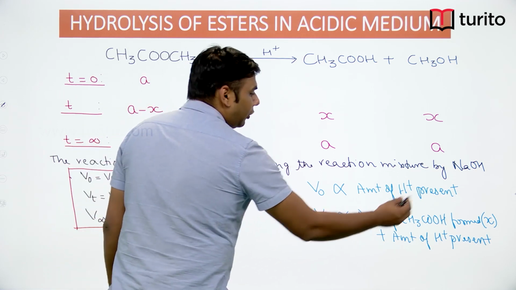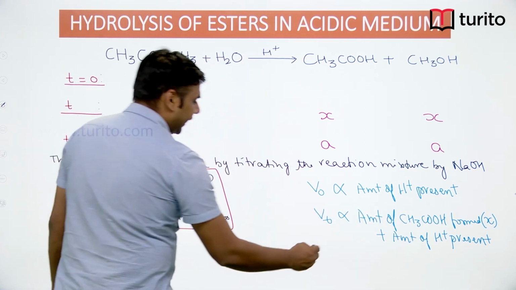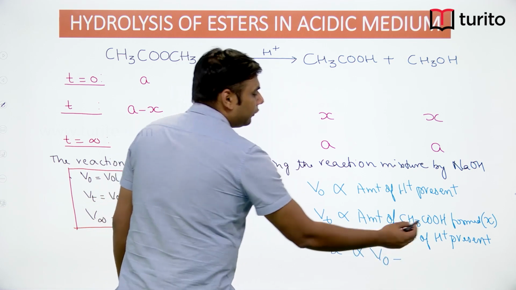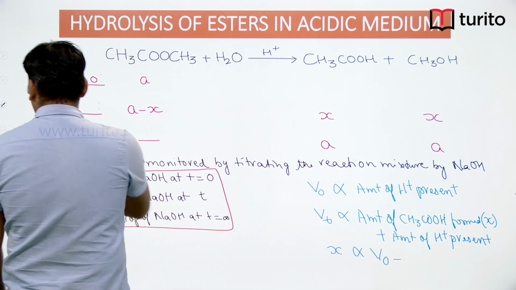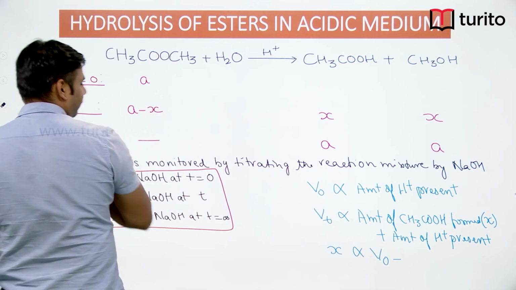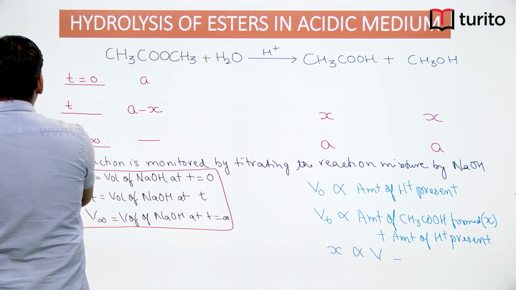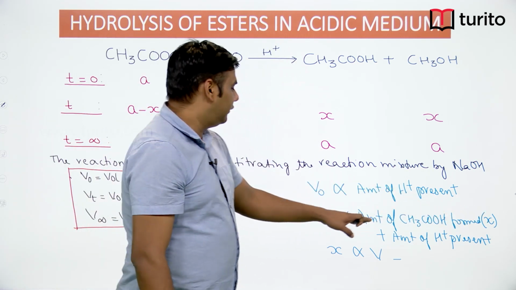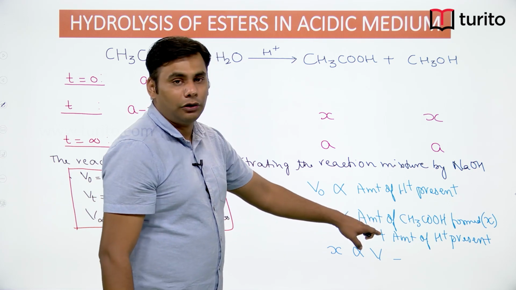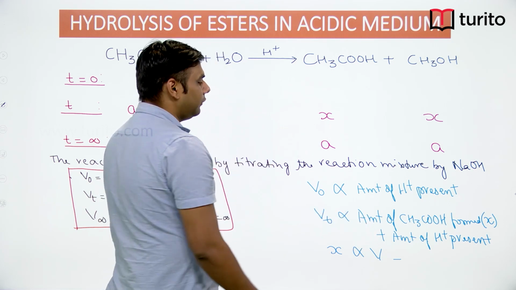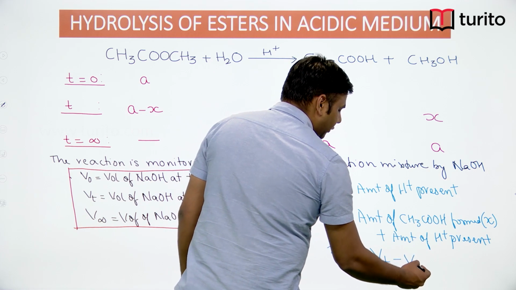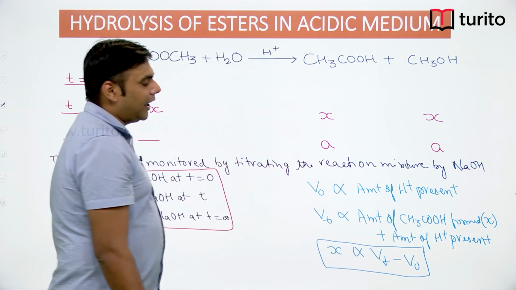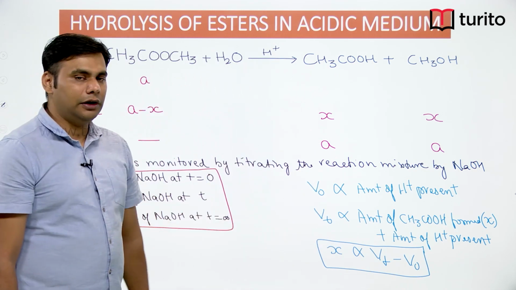So we'll say that the amount of acetic acid formed, that is x, is proportional to Vt minus the amount of H plus present. Now we know that the amount of H plus present is proportional to V naught. So basically x will be proportional to Vt minus V naught. Okay, I hope this step is clear to everyone.